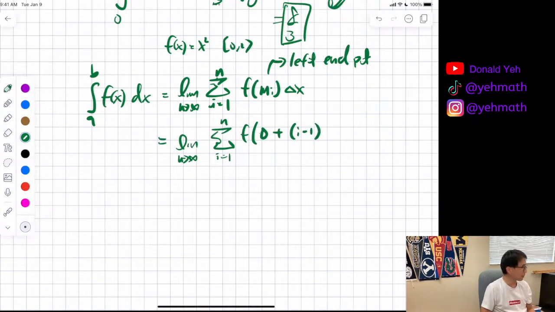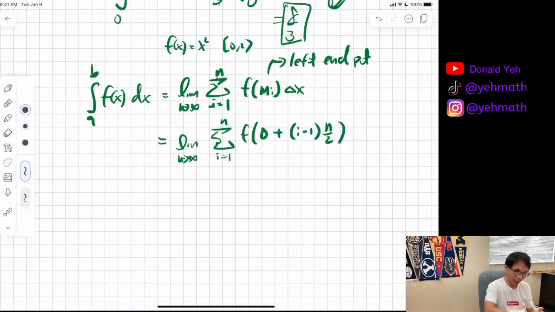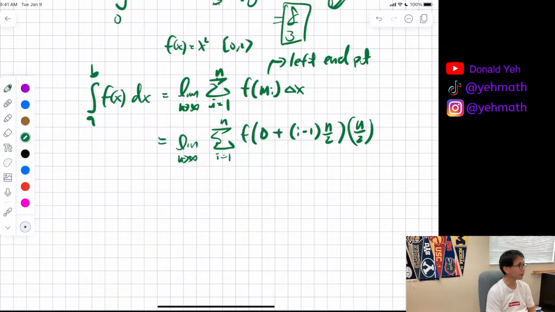Why is it i minus 1? Because you want to track back a rectangle. So your number starts at 1 and it's going to start at 0, right? And then times delta x, which is n over 2. Sorry, this is going to be n over 2, because that's delta x.